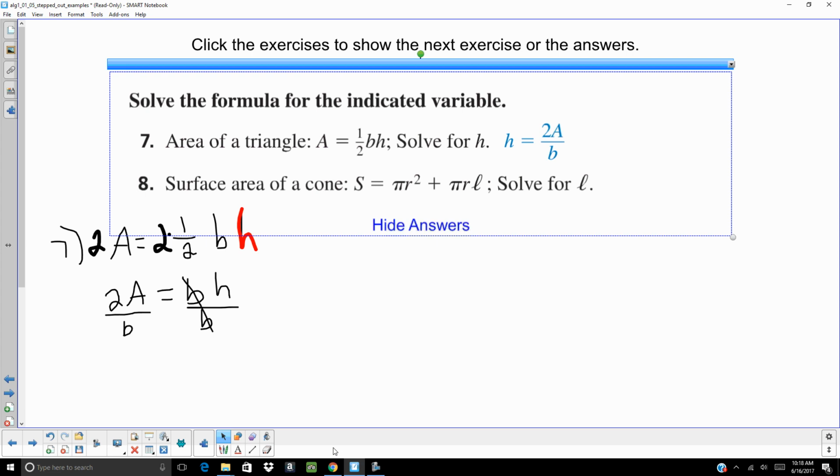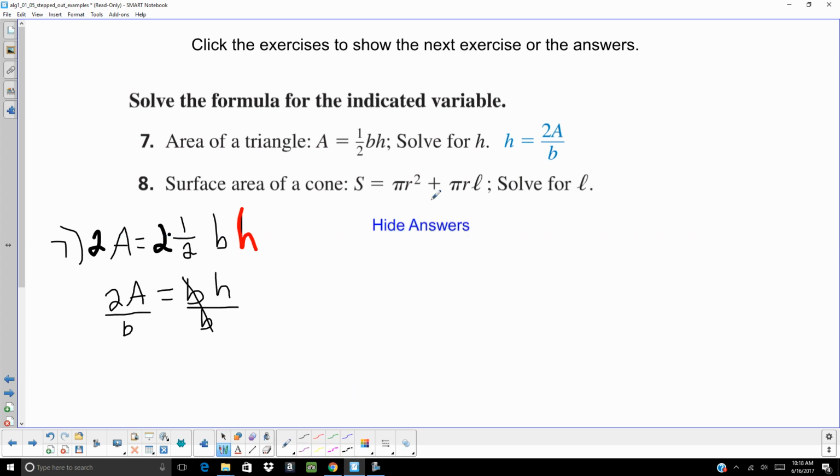So on the next one, you've got surface area, and you're going to want to solve for L. So surface area is pi r squared plus, I'm sorry, didn't mean to write 2, it's pi r L. And I'm going to move everything around that L. So I need to start first by subtracting pi r squared.